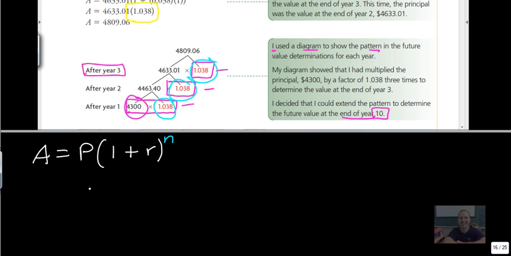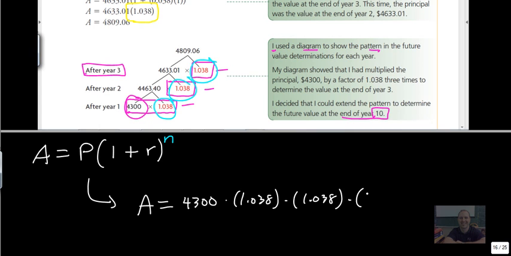So let me just expand this out. So watch this. A equals, in this case it was 4,300 times 1.038 times 1.038 times 1.038. Now that's after 3 years, so after 10 years you see how this would be multiplied 10 times? And another way of writing this multiplied by itself 10 times is this.